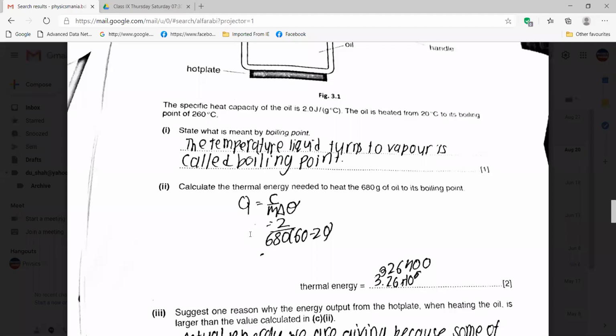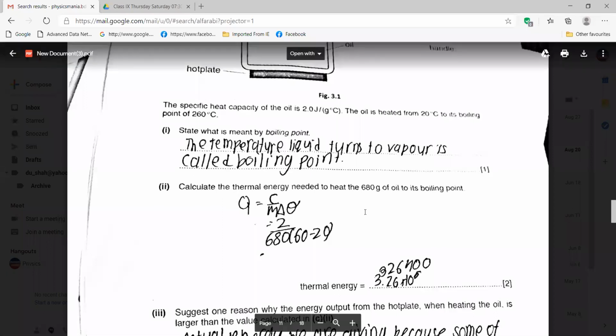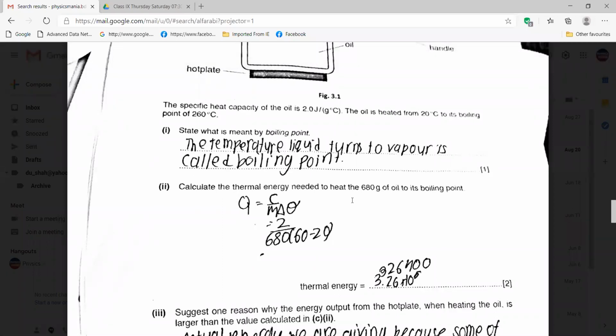You wrote it wrongly, because the main formula is C equals Q by M del theta. It should be C equals Q by M del theta. Then Q will be MC del theta. You cut it, then do it again.